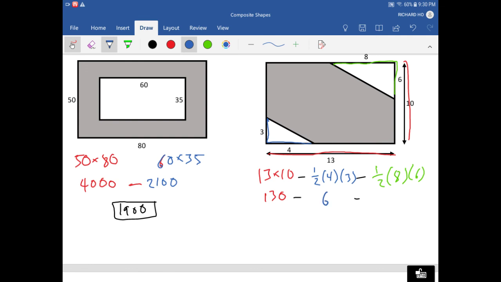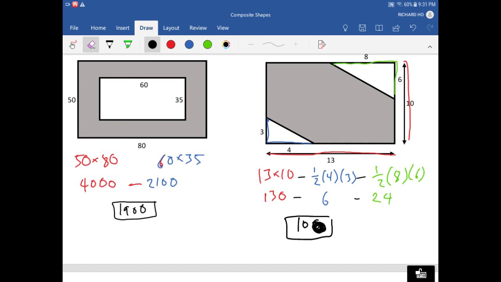Half of 8 is 4, 4 times 6 is 24. So 130 minus 6 minus 24 is 100.